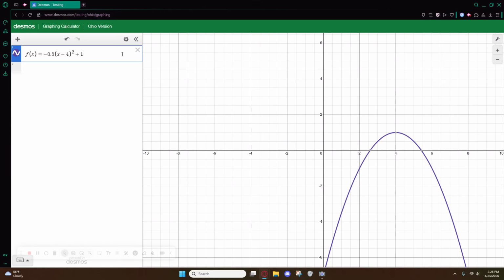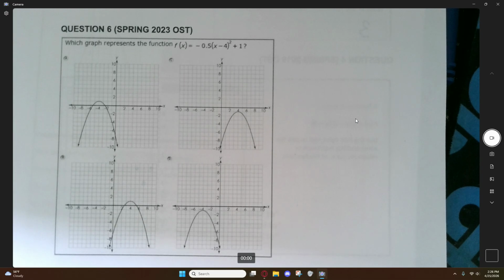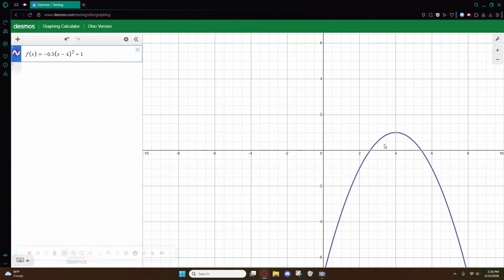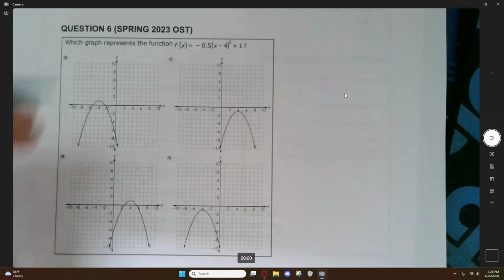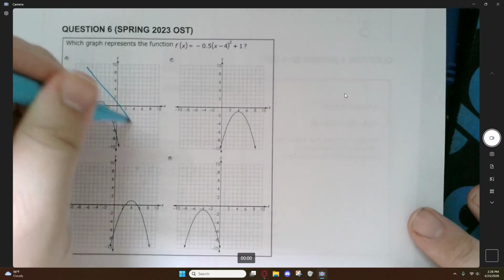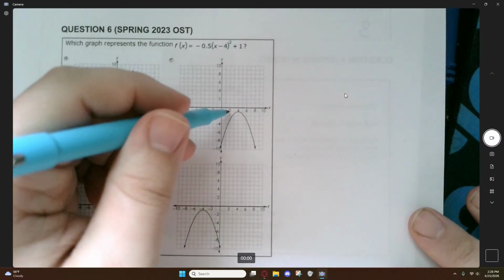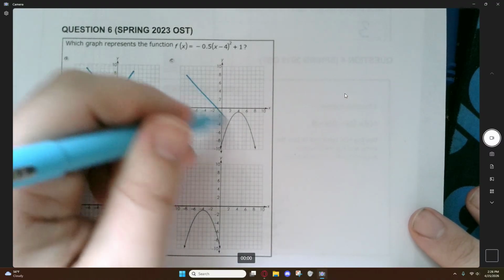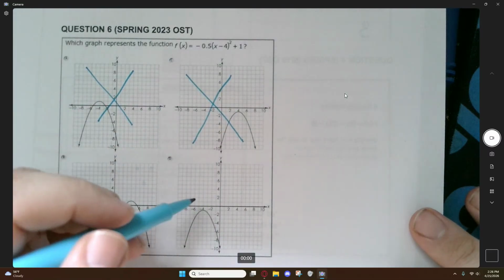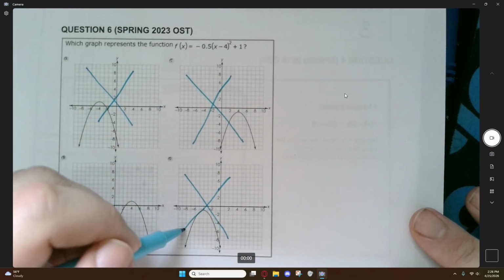We can tell that this is a frowning face, which unfortunately does not eliminate any choices. We can tell that the vertex is in quadrant 1. It's a positive vertex. This has a negative positive vertex, so that's out. This has a positive negative vertex, so that's out. This has a negative vertex, so that's out.